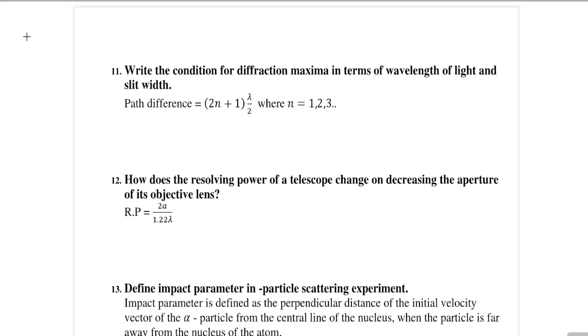Question 11 says, write the condition for diffraction maxima in terms of wavelength of light and slit width. Here, the path difference for maxima, meaning bright bands, is given as (2n+1) lambda by 2, and the path difference itself is given as a sin theta.